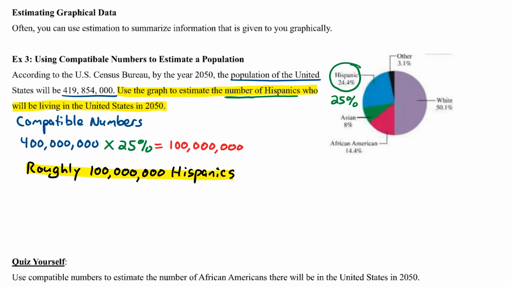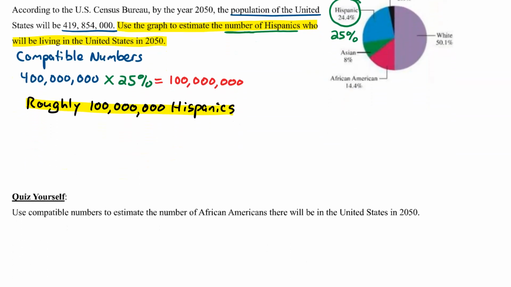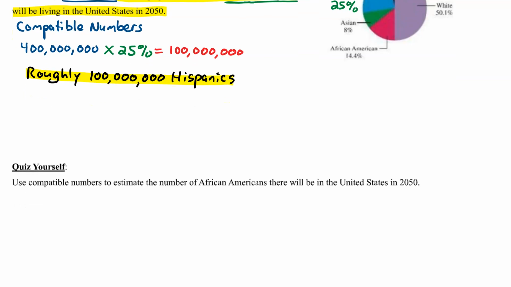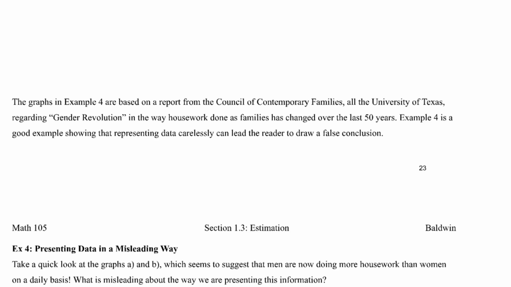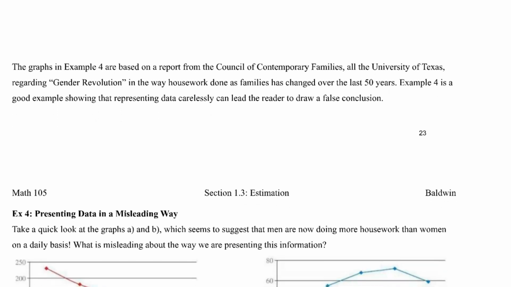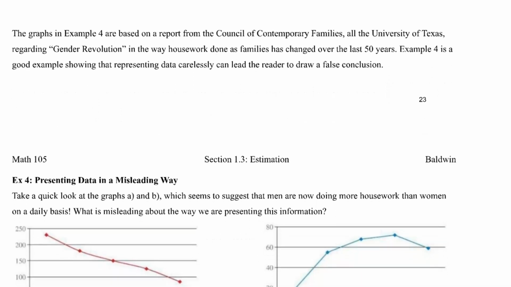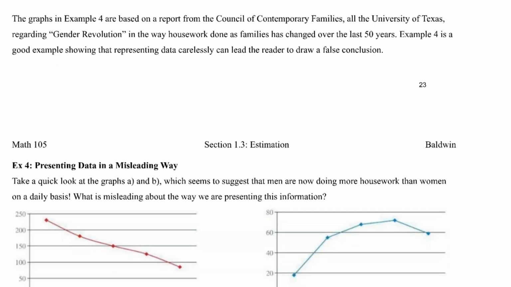Okay. The next part, there is another example that's very similar for you to try on your own. The graph in the next example is going to be based on a report from the Council on Contemporary Families at the University of Texas, regarding the gender revolution in the way housework is done as families has changed over the last 50 years.